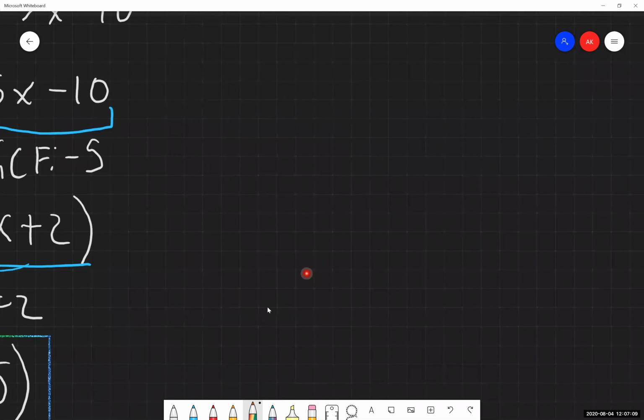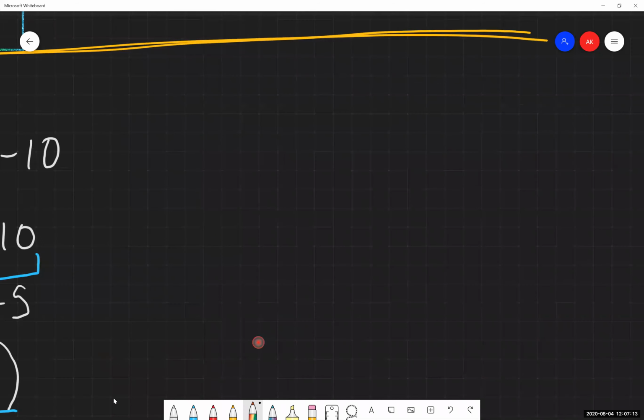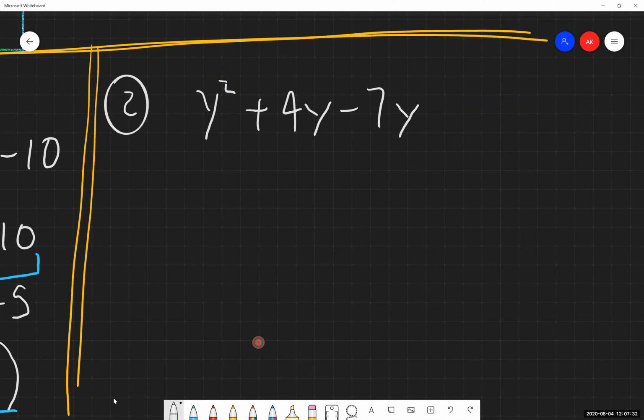So taking a look at another example. Take a look at number 2. y squared plus 4y minus 7y minus 28.